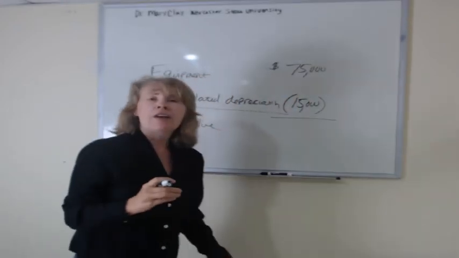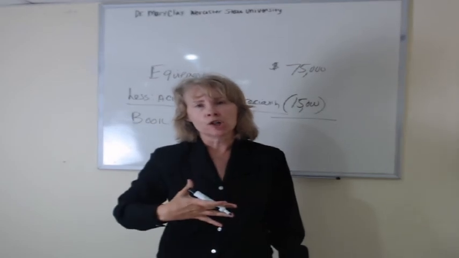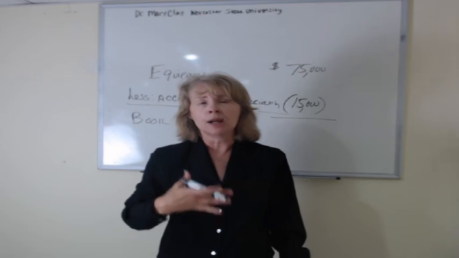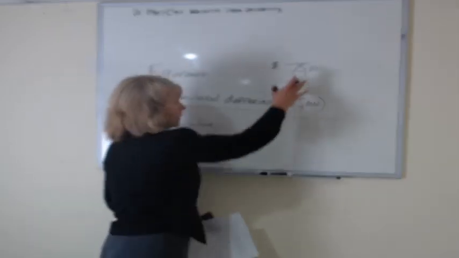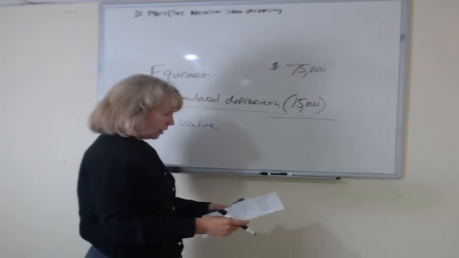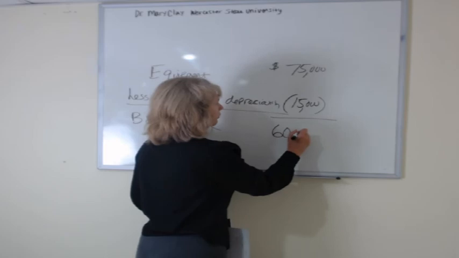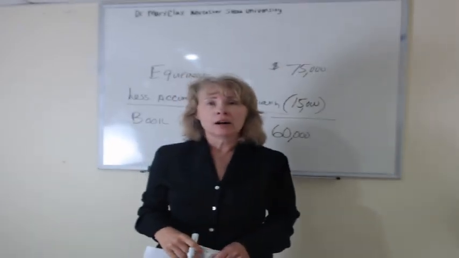So to get book value is always cost minus accumulated depreciation. Remember that. Write that in your notes. Book value, one more time. Cost minus accumulated depreciation. So now we take 75,000. We subtract out 15, so the book value is 60. That's your final answer for the second part of that problem.